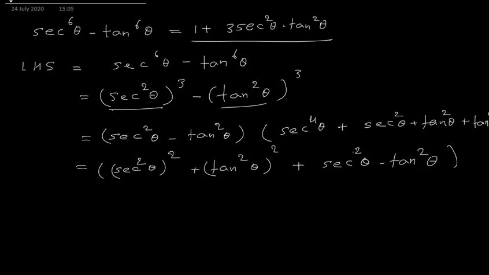Now I will do some adjustment. Here we have 3 sec square theta tan square theta, so I will add 2 times sec square theta tan square theta and I will subtract 2 times sec square theta tan square theta.